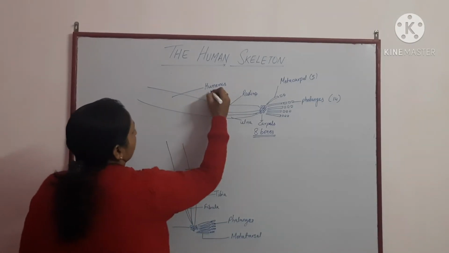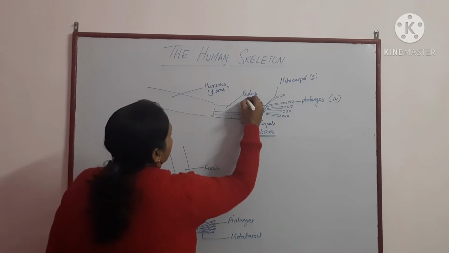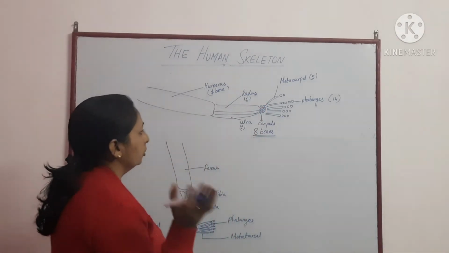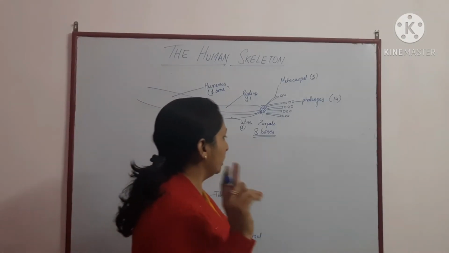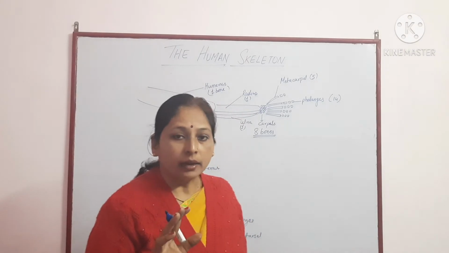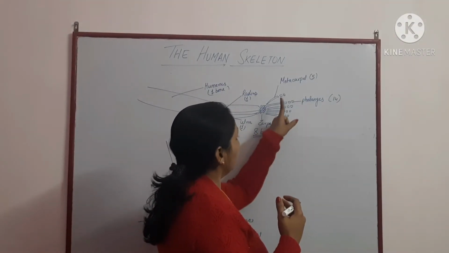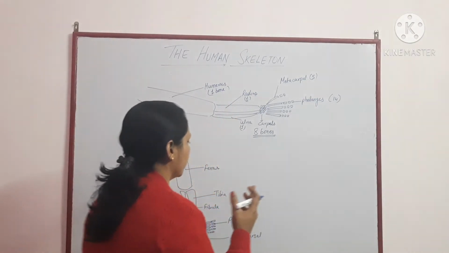Here humerus, a single bone, radius 1, ulna 1. If we are counting on both sides, then 2 humerus, 2 radius, 2 ulna, 16 carpals, 10 metacarpals and 28 phalanges.